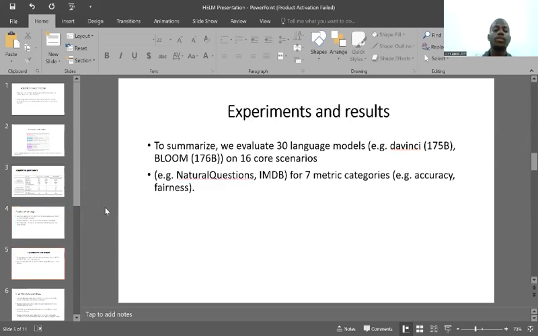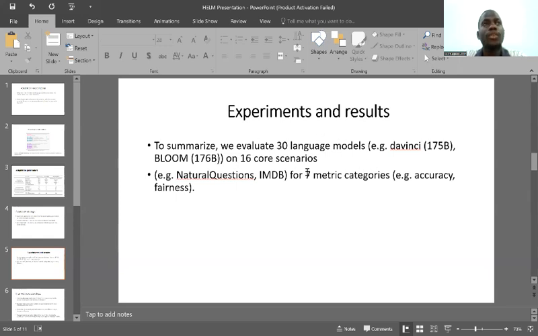So I'll go into the section of experiments and results. Just for a brief overview, in this paper they evaluated 30 language models, and part of the examples we have Da Vinci, which had a size of 175 billion parameters, and then we have Bloom, 176 billion.